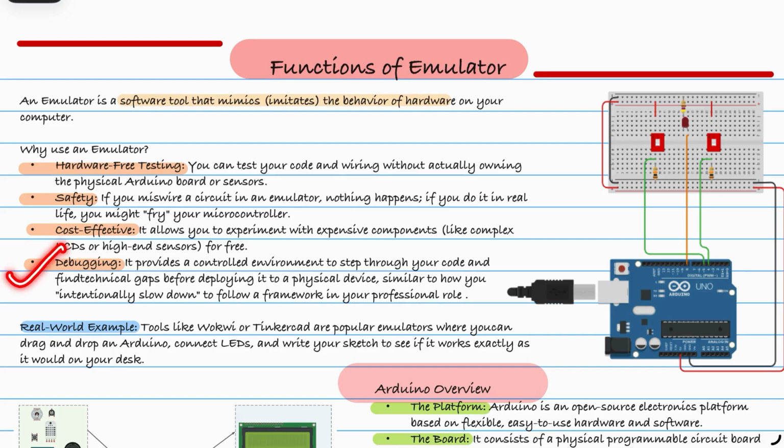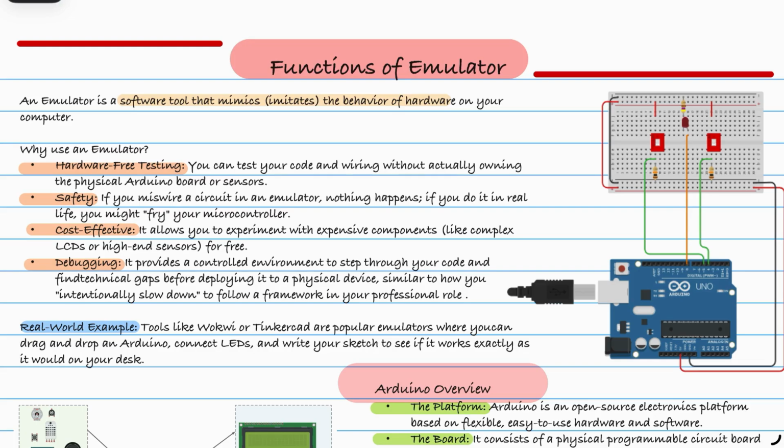And it provides debugging and quality control. So an emulator gives you a controlled environment where you can slow down execution, step through your code line by line and find technical gaps or logic bugs before deploying your project onto the physical device. Alright, so there are a few popular web-based tools like Wokwi and Tinkercad, which are the industry standards.